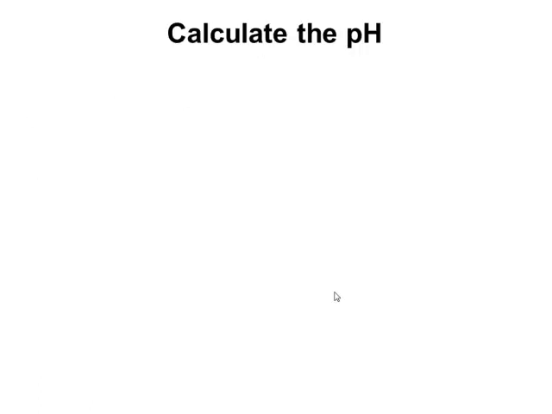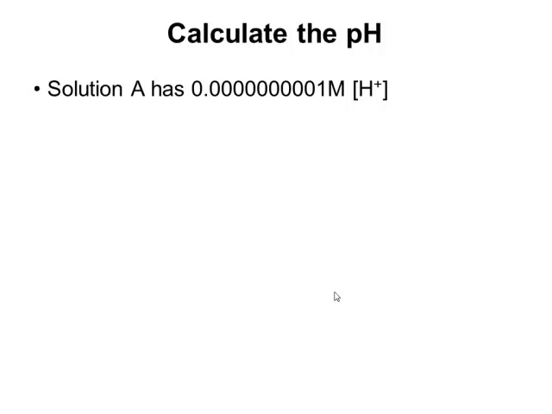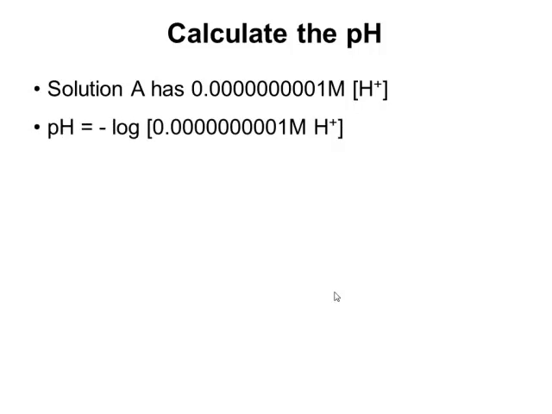So to calculate the pH, let's do one example here. You would have this solution, 0.000000001 molar. That's the hydrogen ion concentration, and pH is the negative log of the hydrogen ion concentration. If we write that concentration in scientific notation, it would be 1 times 10 to the negative 10th.